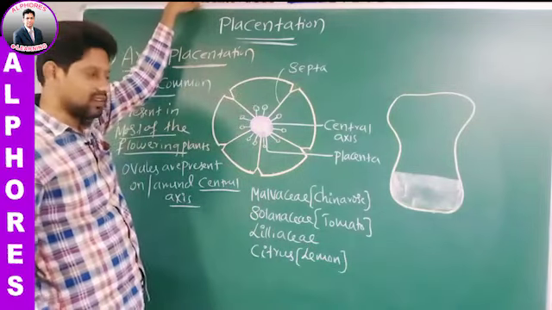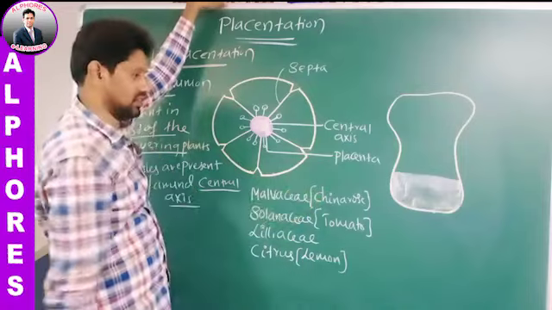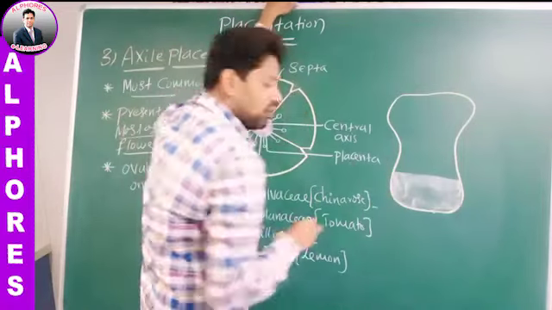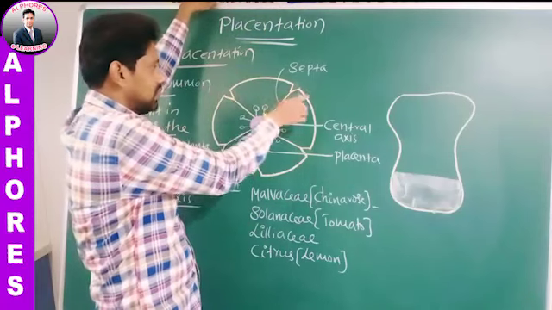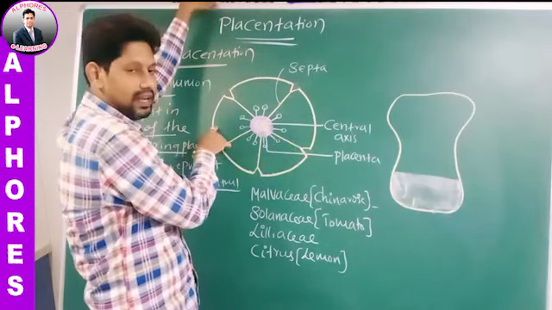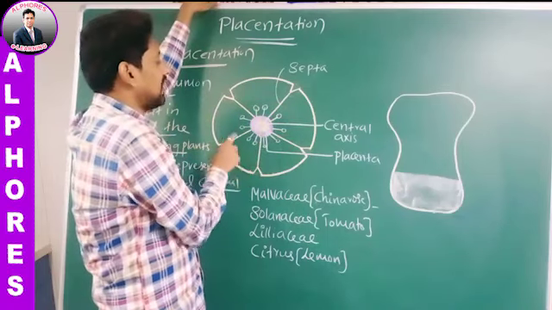In the case of China rose, 5 carpels are present and 5 locules are present. See the diagram: 1, 2, 3, 4, 5. Five carpels, pentacarpellary; five locules, pentalocular.